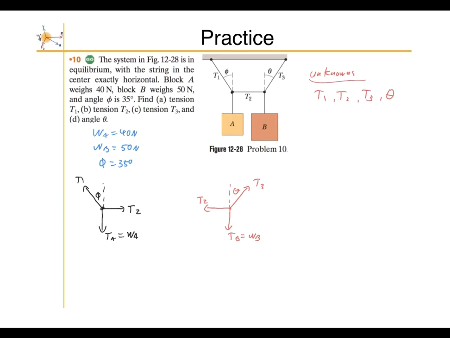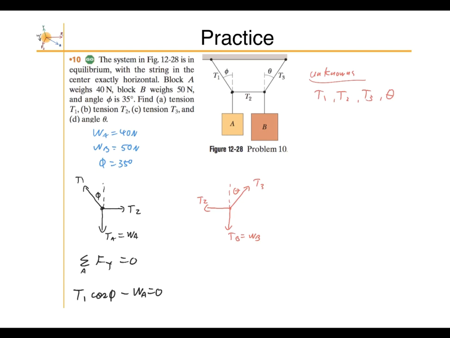So let's start by doing the sum of the forces in the y direction at the point above block A. It's equal to 0. So let's see, what are the forces upwards? Well, there's a component of tension 1, it'll be cosine phi upwards, minus tension A, which is equal to the weight of A, and that's equal to 0.